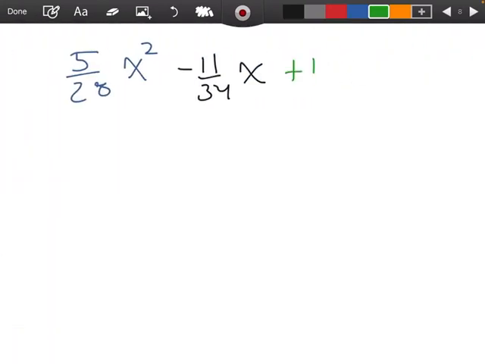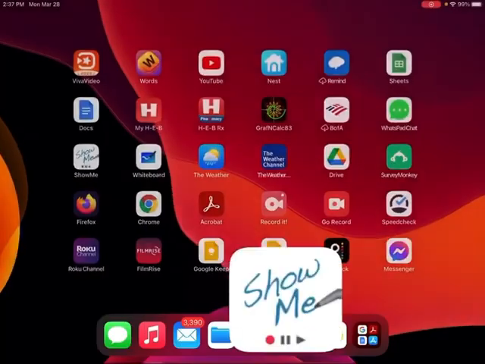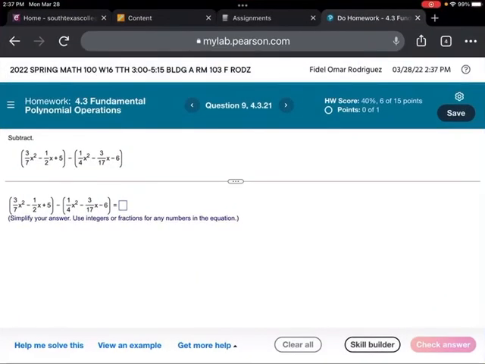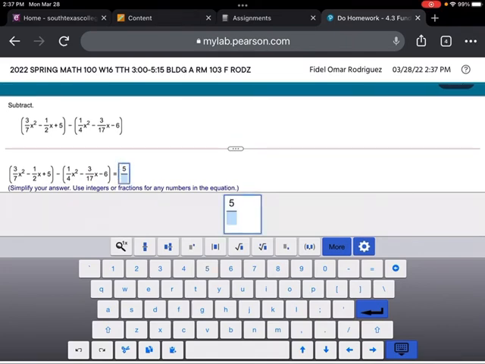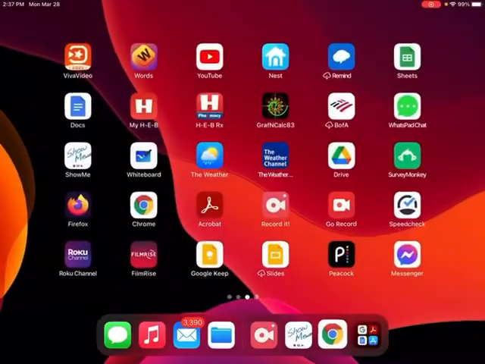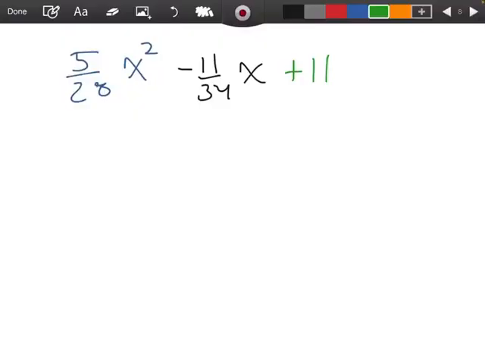And so let me enter that in here. So 5 over 28 with an x squared, and then a minus, I think it was a minus, let me check, a minus 11 over 34 with an x, and then I want to say we had a plus 11.